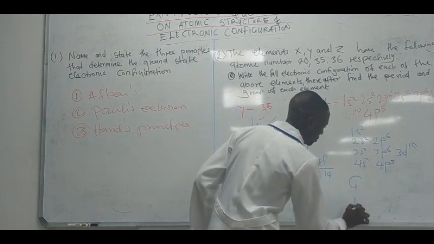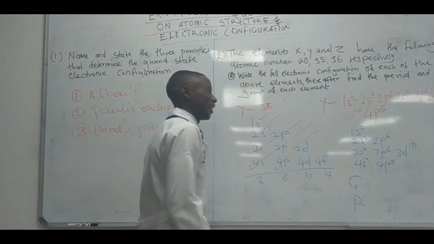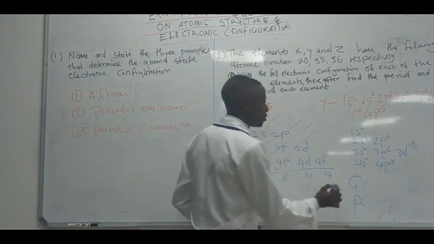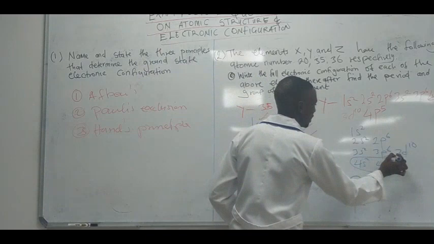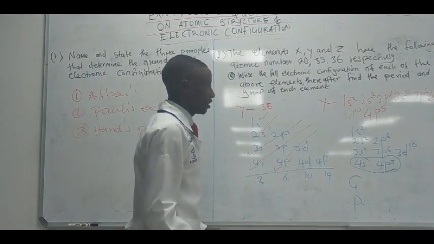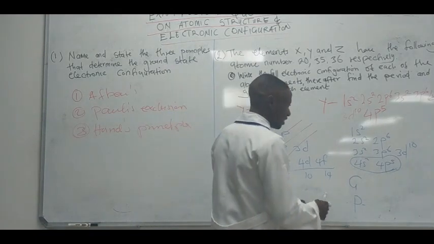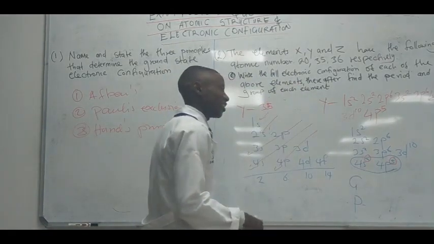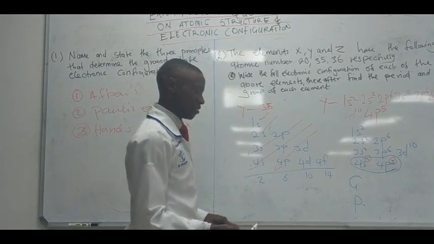Group and period. So what's our group? Now you have a question: how do I find the group when I have 2 in my last shell? Well, it is simple. Just add the 2 powers. 2 plus 5. What's 2 plus 5?